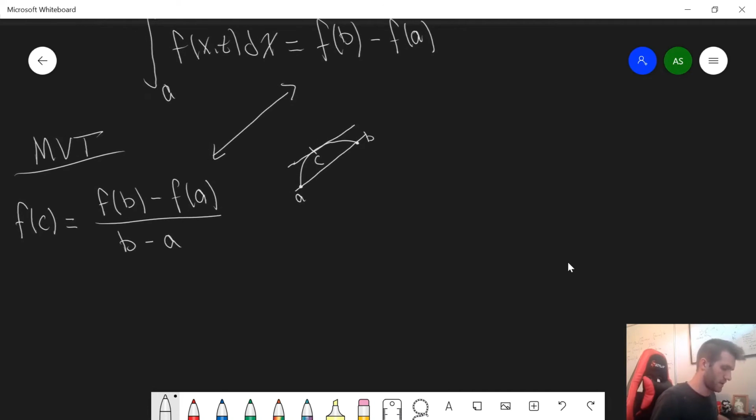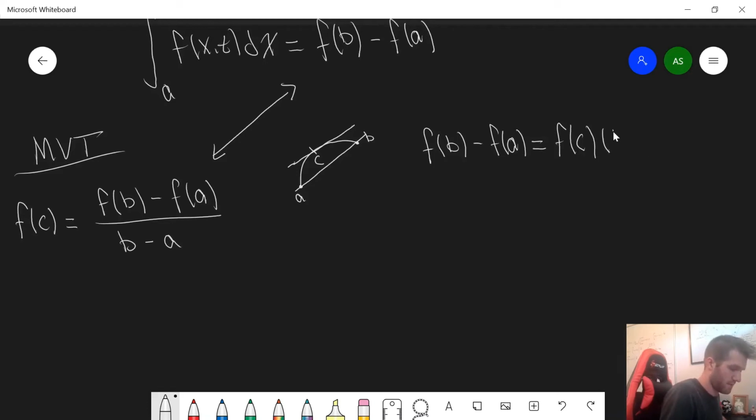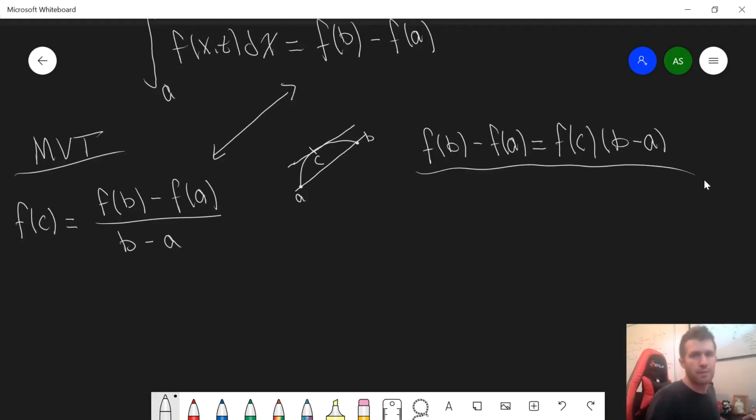What that looks like is, if we were to define our function from the fundamental theorem of calculus, composed of b, minus our function composed of a, well, we can simply set that equal to our function evaluated at c here and multiply it by b minus a. And if you work that out, you'll see that these b minus a's cancel. These two are in fact equivalent.